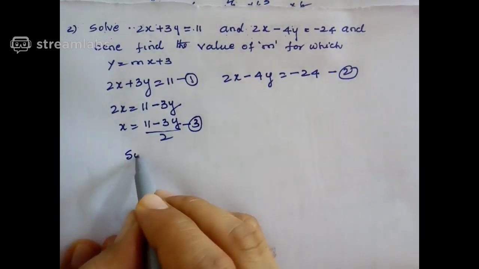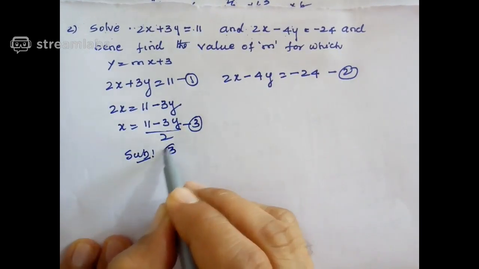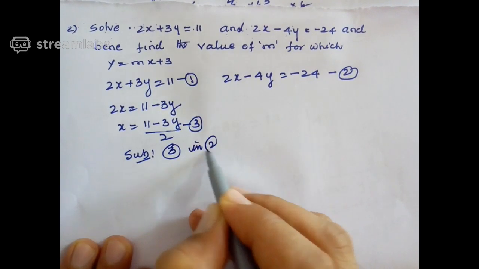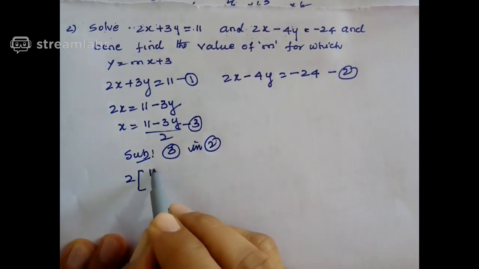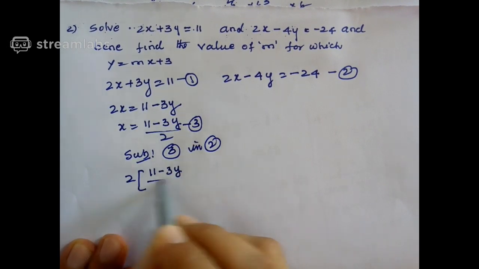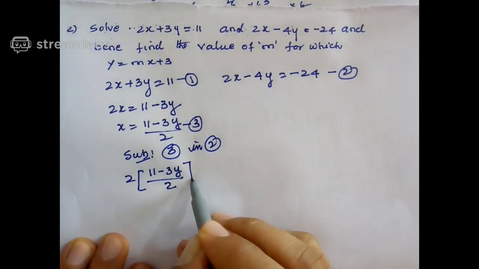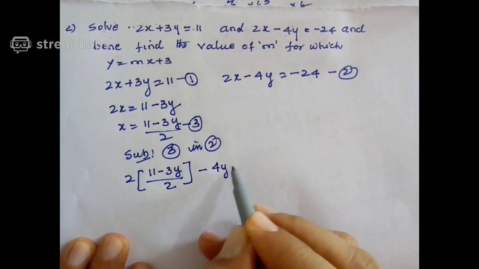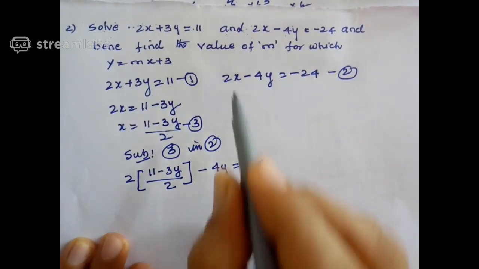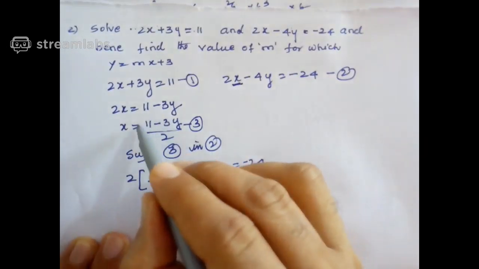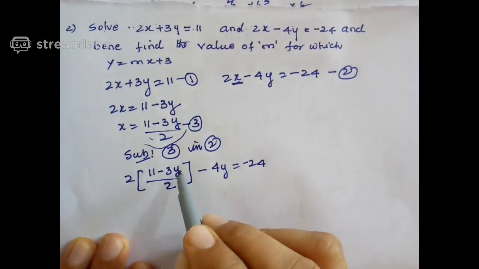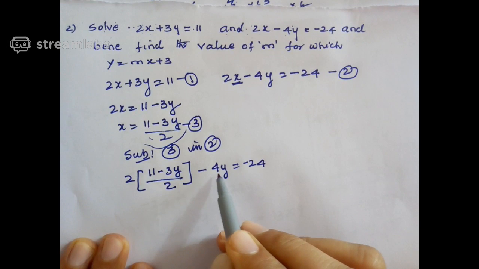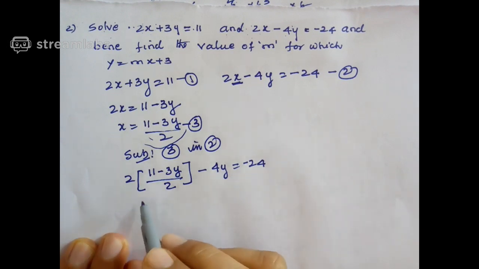Now substitute 3 in equation number 2. That is 2 into (11 minus 3y) by 2 minus 4y is equal to minus 24. In place of x, substitute (11 minus 3y) by 2. This 2 you can cancel, isn't it?